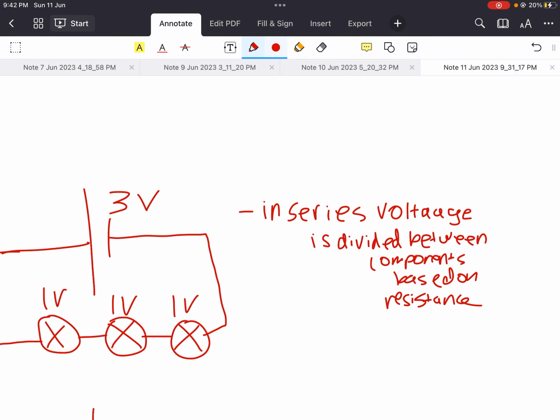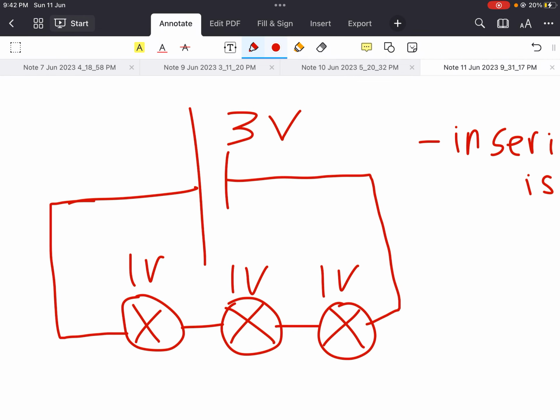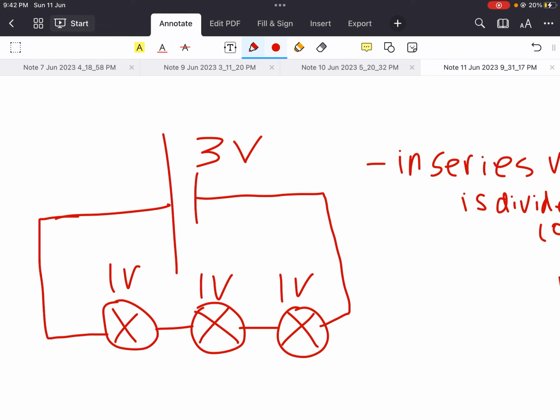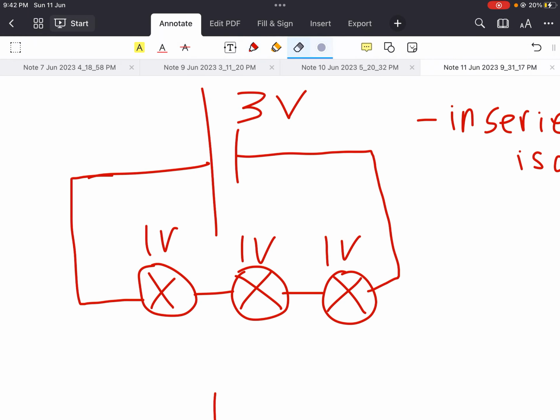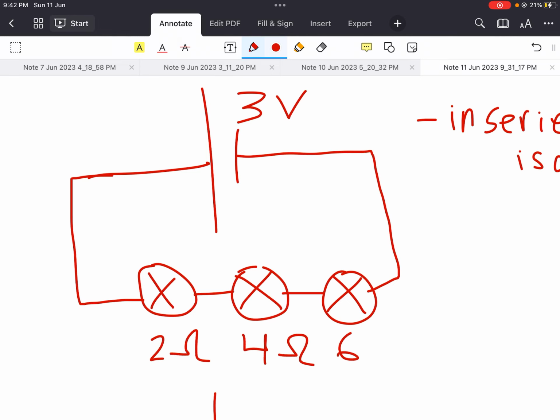And the reason why all of these have 1 volt is because, like I mentioned, they all have the same resistance. But in a different scenario, let's say all 3 of them have different resistances. Let's say this has 2 ohms, this has 4 ohms, this has 6 ohms.